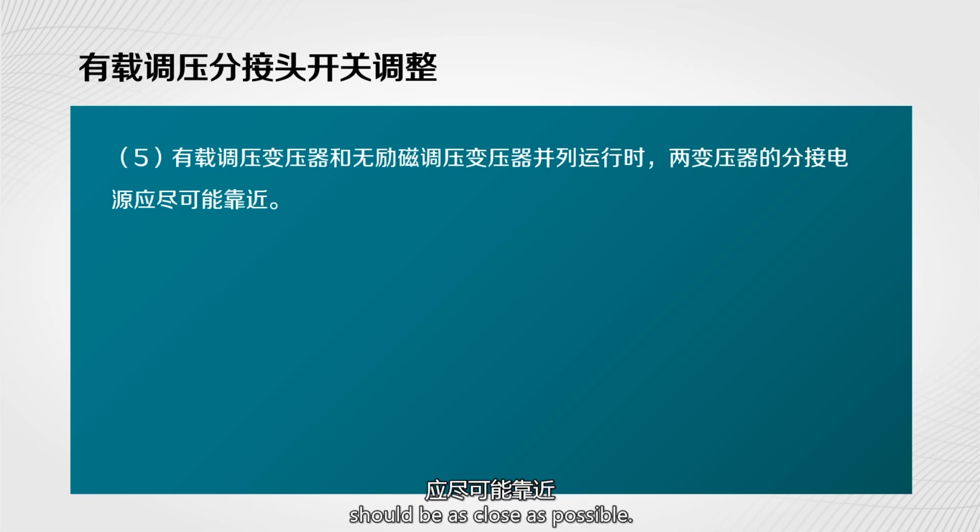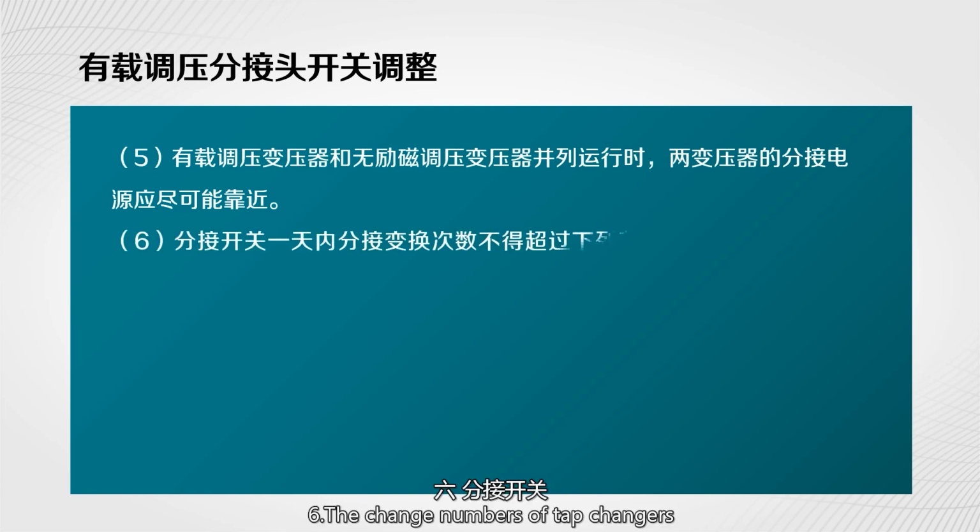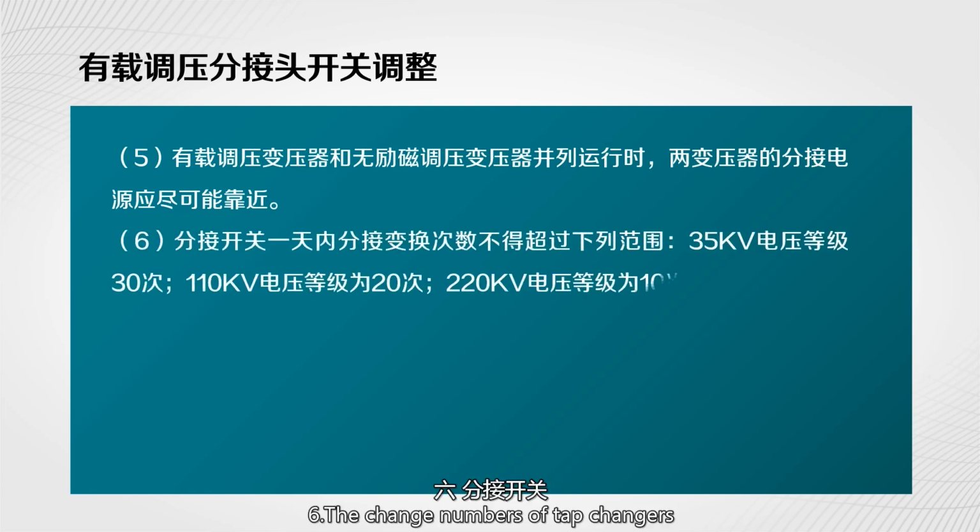Sixth, the change numbers of tap changers within 1 day shall not exceed the following ranges: 30 times for 35 kilovolts voltage level, 20 times for 110 kilovolts voltage level, 10 times for 220 kilovolts voltage level.